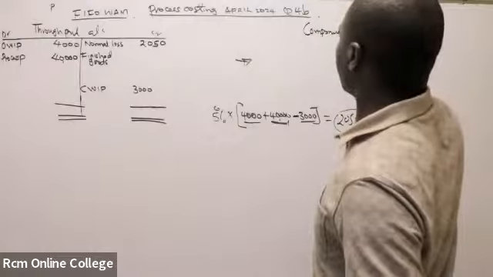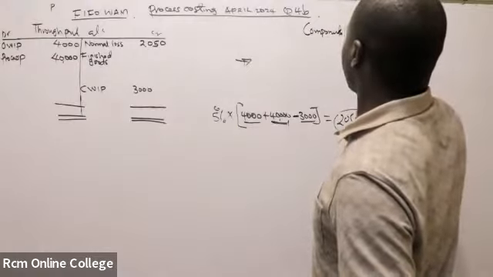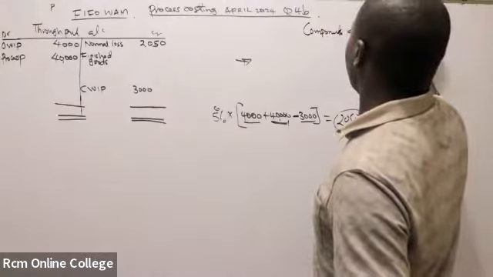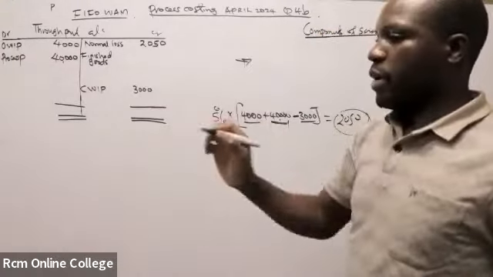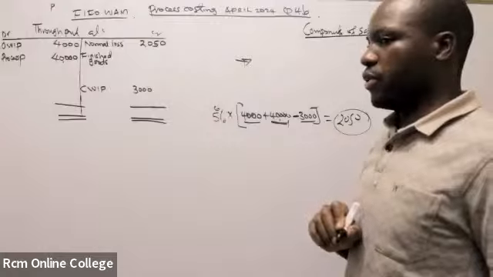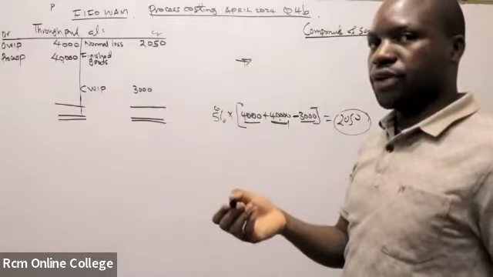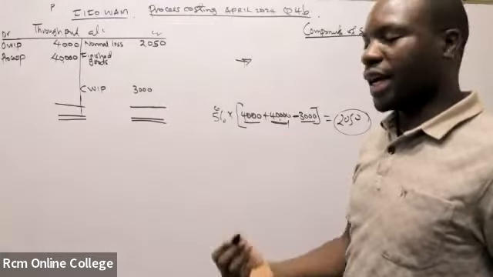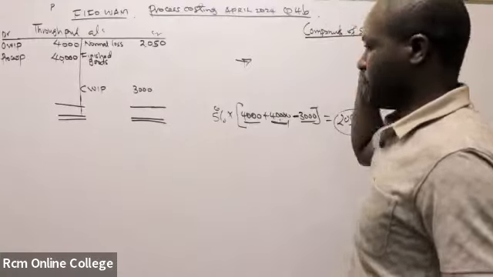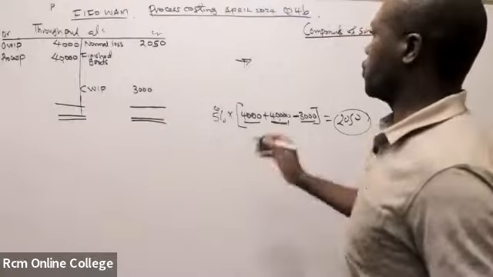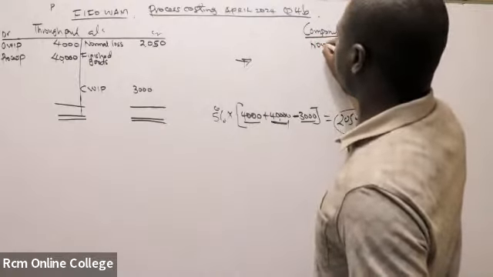You were able to see, when we were preparing the abnormal loss account and the abnormal gain account, and the normal loss account, that we were taking those things to the scrapped account. Number 1, normal loss.